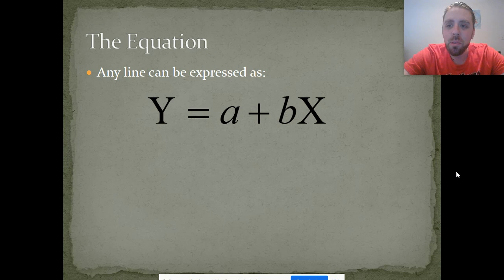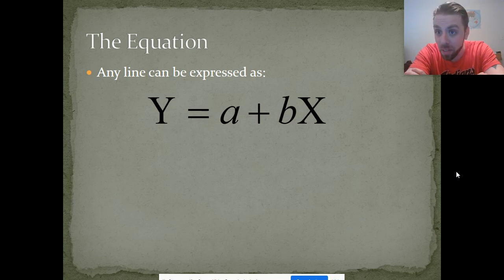Please raise your hand if you learned that the equation for a line is y equals mx plus b. Okay, now forget that. That is wrong. I will hear nothing of it. If you write y equals mx plus b, I will fail you, and there will be no discussion over the matter. The correct equation for a line is y equals bx plus a.